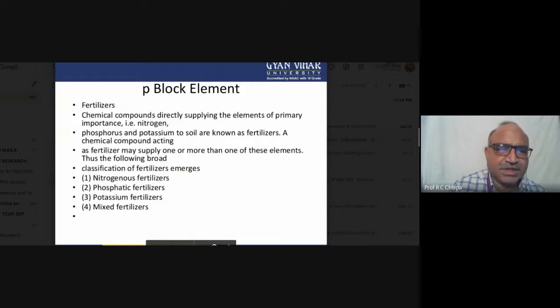Some applications show the significance of the p block elements, mostly in fertilizers: chemical compounds that directly supply the elements of primary importance, that is nitrogen, phosphorus and potassium, to the soil, are known as fertilizers. Phosphorus and potassium also act as fertilizers. Nitrogen is the most important one.